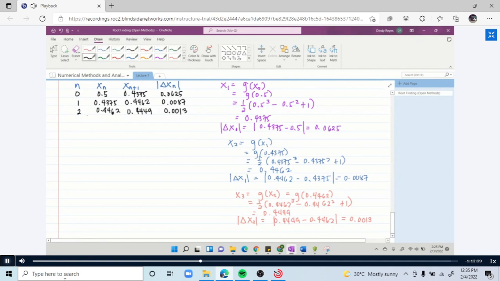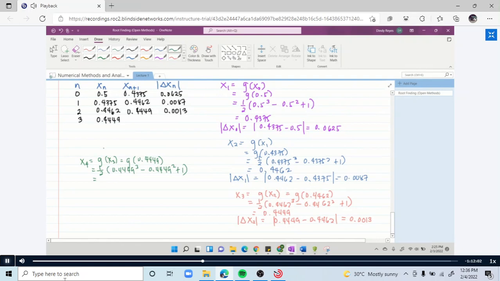What about when n is equal to 3? So x sub 3 is 0.4449. What is x sub 4 equal to? So it's g of x sub 3, or that is g of 0.4449. So it's 1/3, sorry. 1/2 of 0.4449 cubed minus 0.4449 squared plus 1.